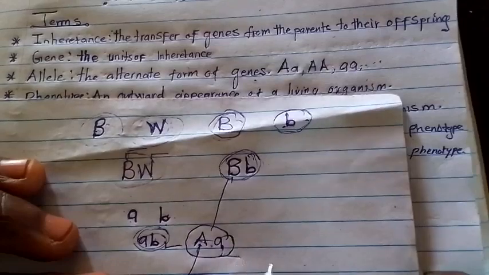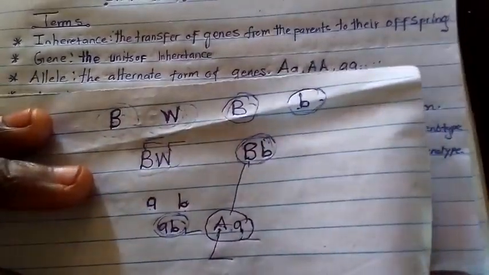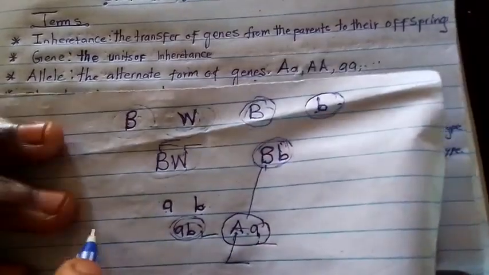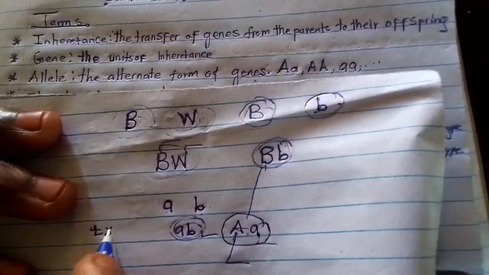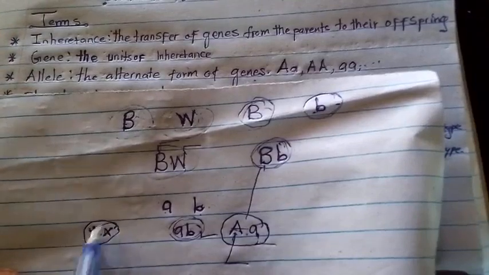So remember that when you talk of heterozygous recessive, you are going to have different letters, and those must be small letters. Let's say you have t and x. These are different letters. So these, they exist as heterozygous recessive.